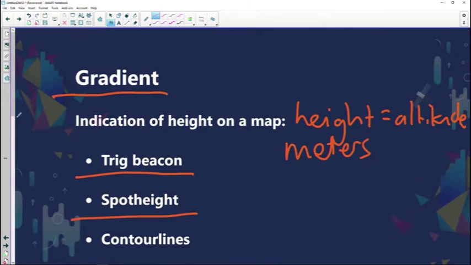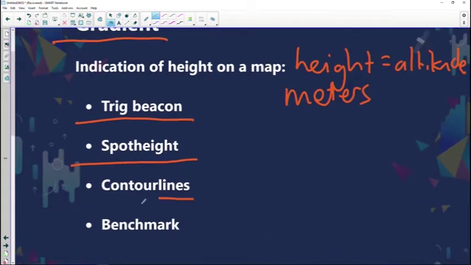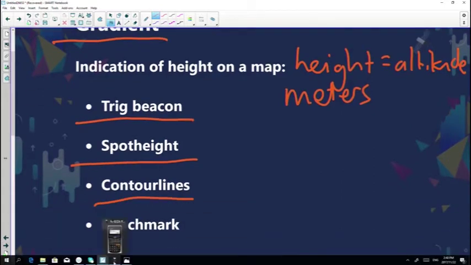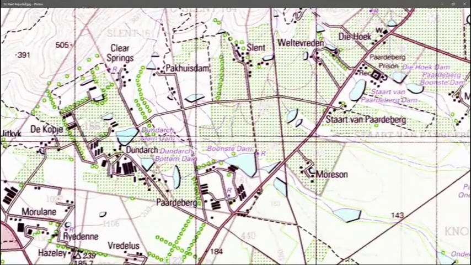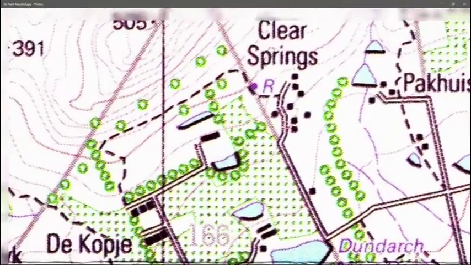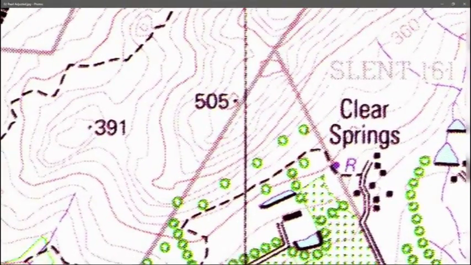Thirdly, what we use is contour lines. Contour lines are lines joining places with equal height. If we go quickly to our map, a beautiful example where you can see lots of contour lines is in block A1 and A2.